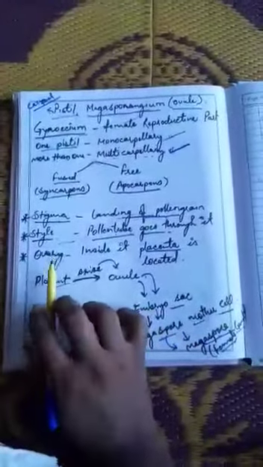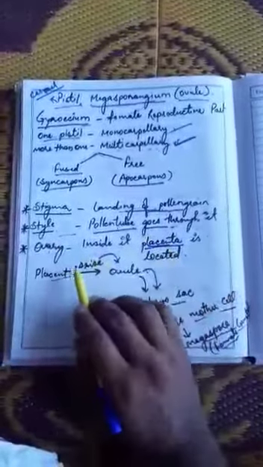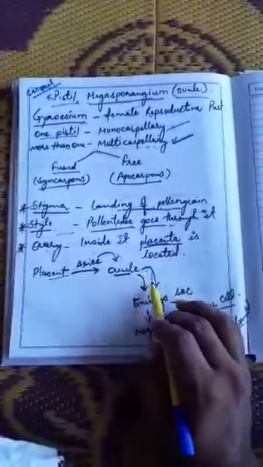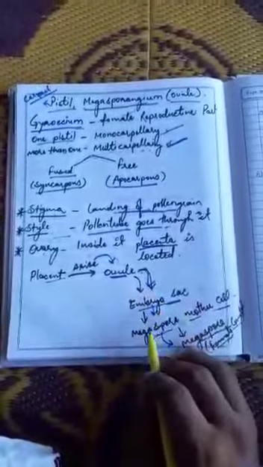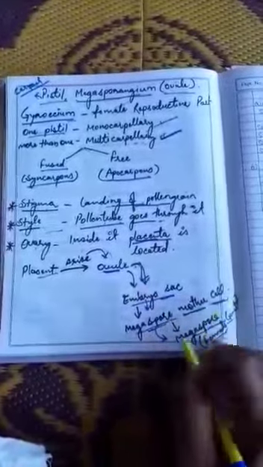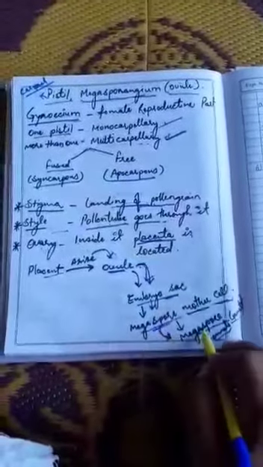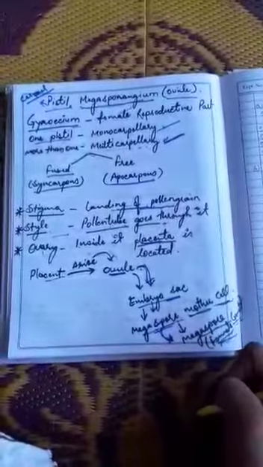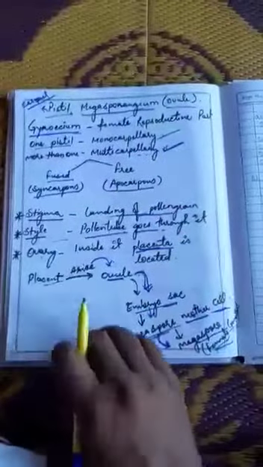So again I am telling you, inside the ovary the placenta is located. Placenta gives rise to ovule, and inside the ovule the embryo sac is found. Inside the embryo sac there are many megaspore mother cells. These megaspore mother cells convert into megaspore after meiosis. So this is all about the structure of the pistil.